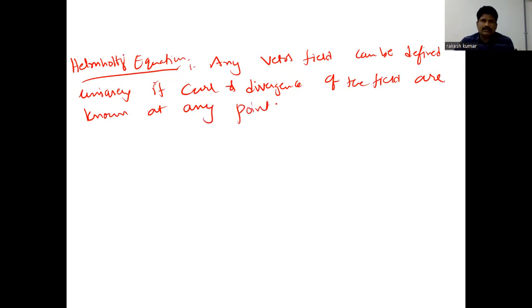This is very, very important. We have studied it in EMTL. Helmholtz's theorem says that any vector field can be defined uniquely if curl and divergence of the field are known at any point. So here, del dot A is equal to minus mu epsilon into del V by del t.